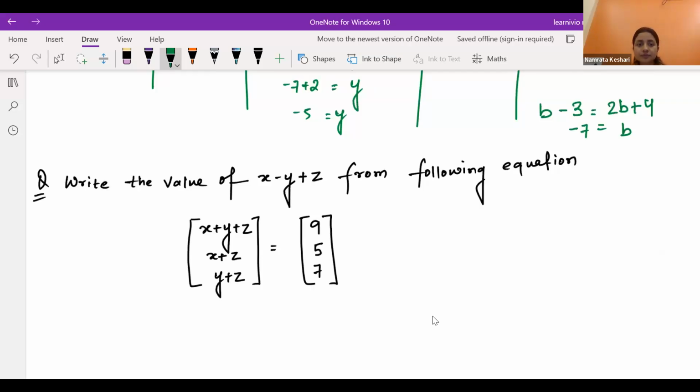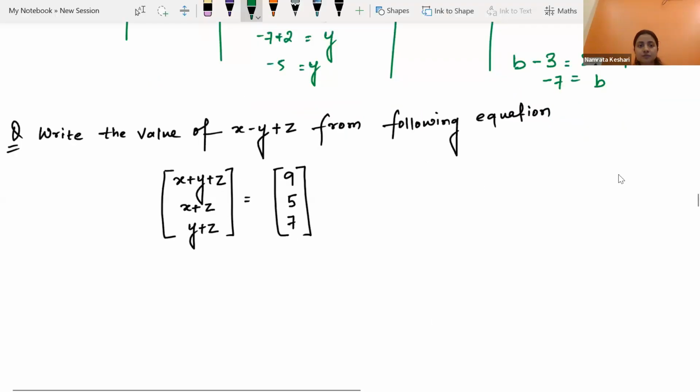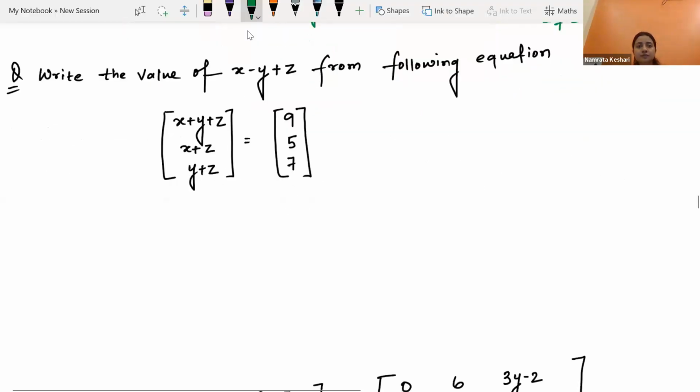Find the values of X, Y, and Z. X plus Z equals 5. Y plus Z equals 7. X plus Y is equal to 9. 5 plus Y, Y is 4.